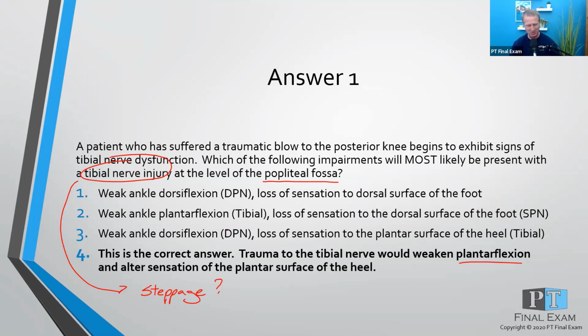Oh, good. You guys are too good. Usually I can trick people with that one. So the steppage gait pattern is related to dorsiflexors. So weak dorsiflexors, which, follow-up question, what nerve innervates tibialis anterior and is heavily involved in dorsiflexion?